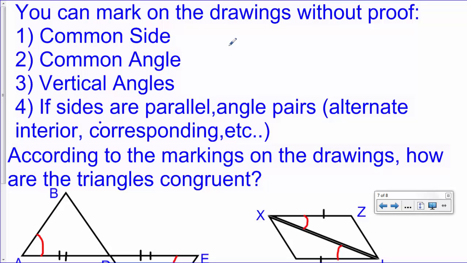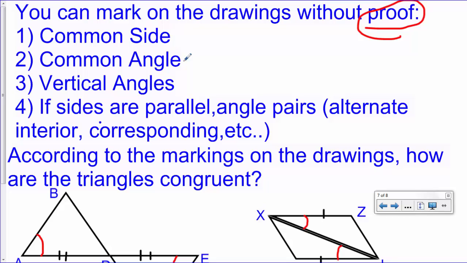You're allowed to mark on a drawing without having to prove or show it 3 basic things: a common side, which we're going to label eventually as the reflexive property, something is equal to or congruent to itself. A common angle, same thing, we'll label this as the reflexive property, which you should know from algebra.